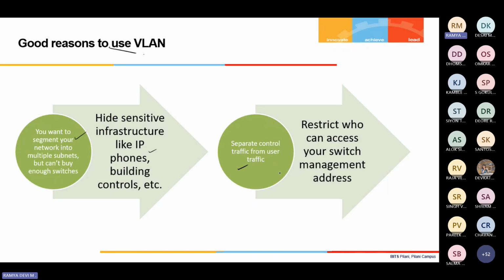Also, separate critical control traffic, such as routing protocol updates and switch management, to restrict access to the switch. The switch management interface can be dedicated to a VLAN so only authorized users can reach it. It can help prevent tampering or unauthorized access.